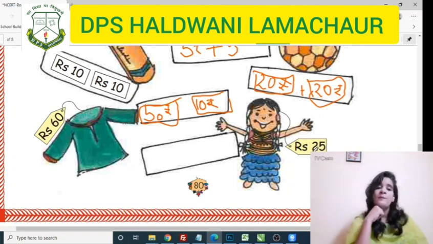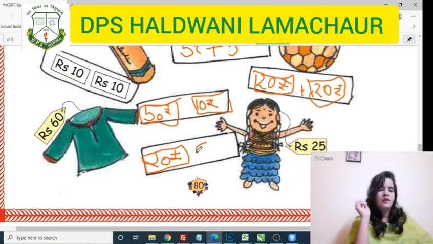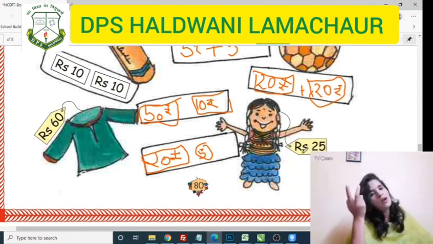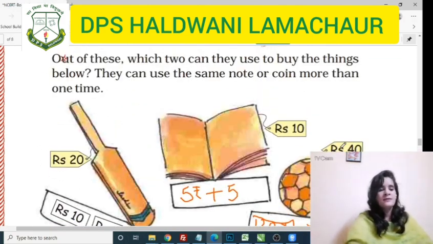So how will we pay with only 2 notes or 2 coins? So for this we will pay 20 rupee note and 5 rupee coin. 25, 20 plus 5 is equal to 25. Then pay this.